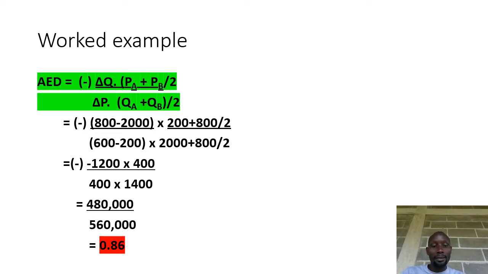So this will give us 480,000 divided by 560,000, which will give us 0.68. And we said if we have an answer which is greater than 0 but less than 1, then we interpret it as inelastic. So in this example, our elasticity of demand is inelastic.